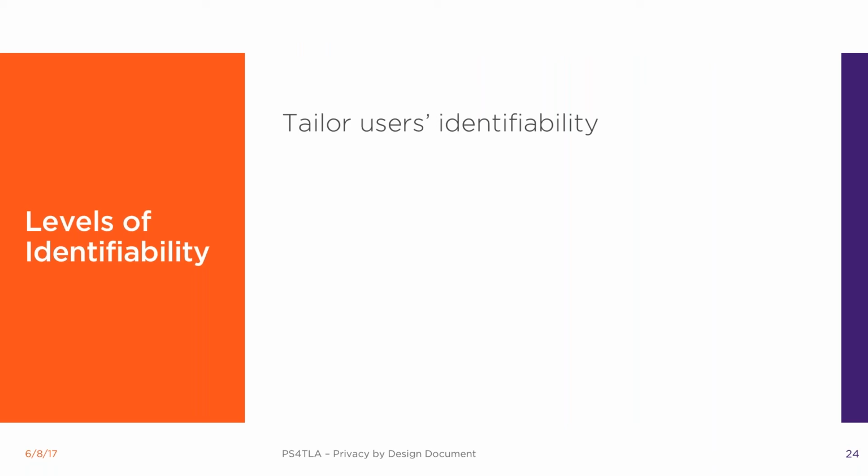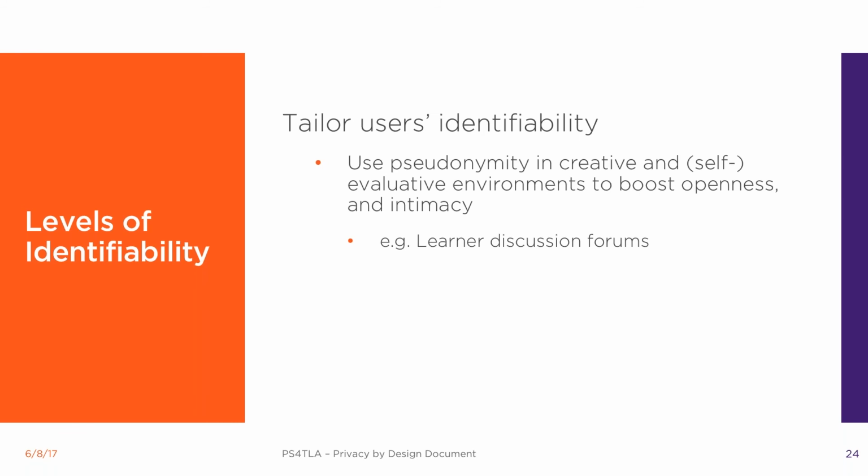Now, that said, full anonymity is not always necessary, and even pseudonymity may not always be great. Now, pseudonymity is very useful in certain cases. For instance, when you want to foster creativity or intimacy. And that happens quite a bit in learning. So for instance, if you have a learner forum where users might fear some humiliation for asking silly questions, then pseudonymity might help them by kind of shielding them from real-world repercussions for asking those questions.